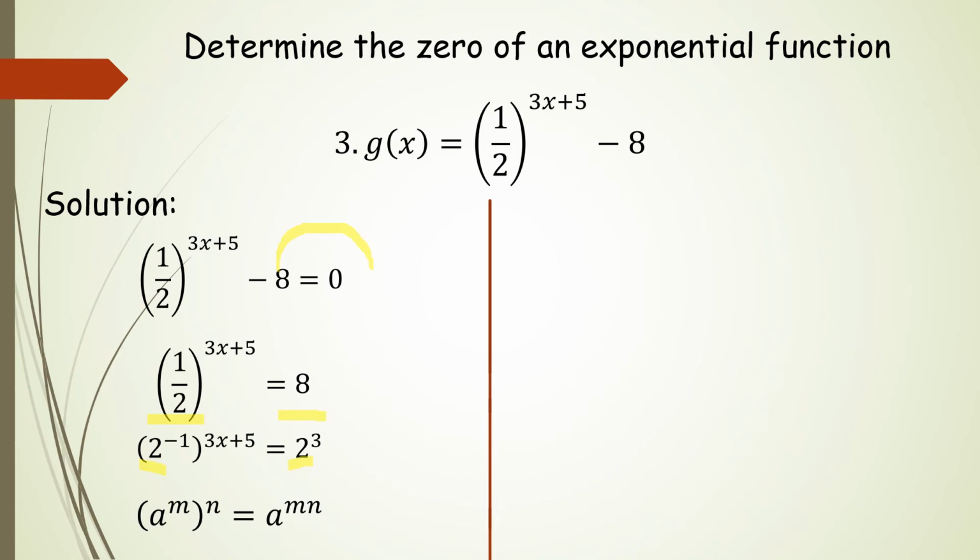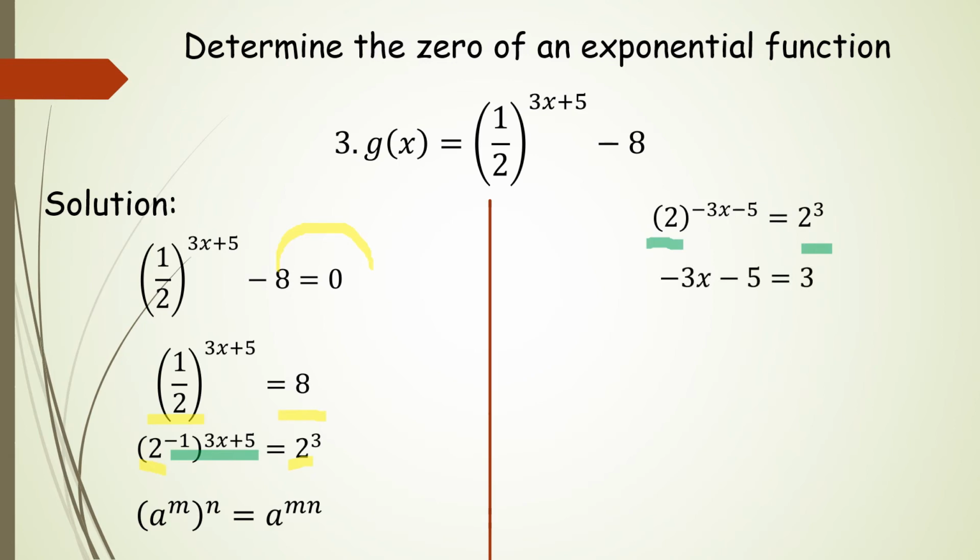So, using the law of exponent, the quantity a raised to m raised to n is equal to a raised to mn. So, pwede na nating i-distribute yung negative 1 na exponent sa loob ng parentheses sa exponent sa labas. So, we have 2 raised to negative 3x minus 5 is equal to 2 raised to 3. Since pareha na sila ng base, which is 2, pwede nang ibaba ang exponent.